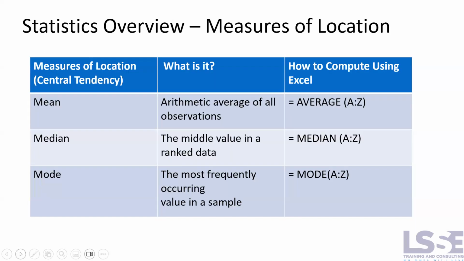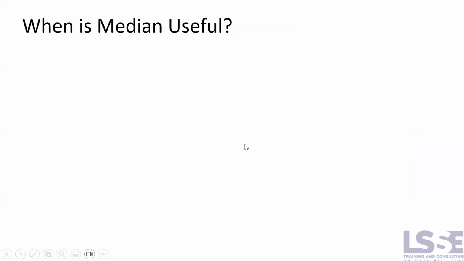So you might be asking, when is median useful? Because we already have the mean, which is just the average. So why do we still have the concept of the median? If you recall, median is the middle value when you arrange it from highest to lowest. This example will probably drive home the point.